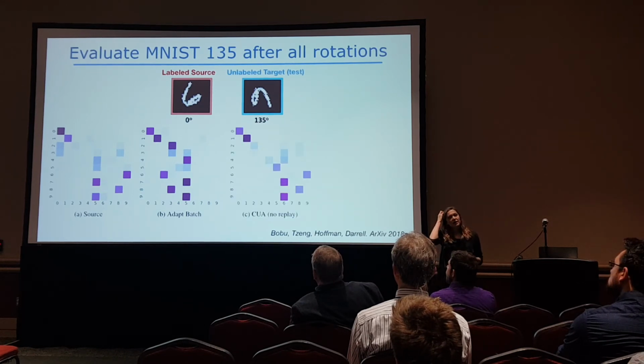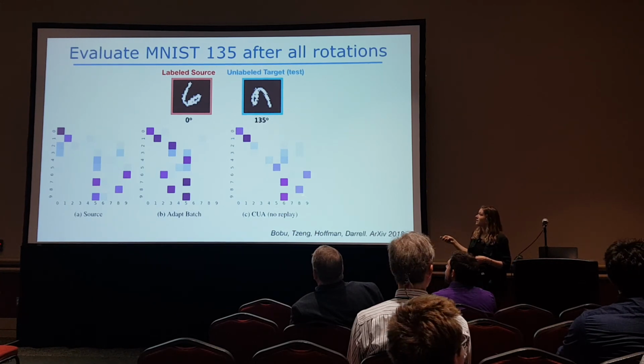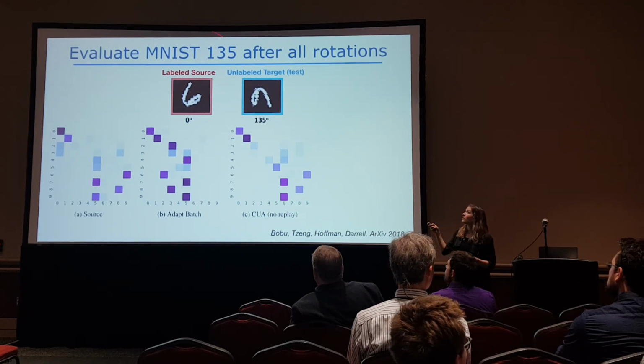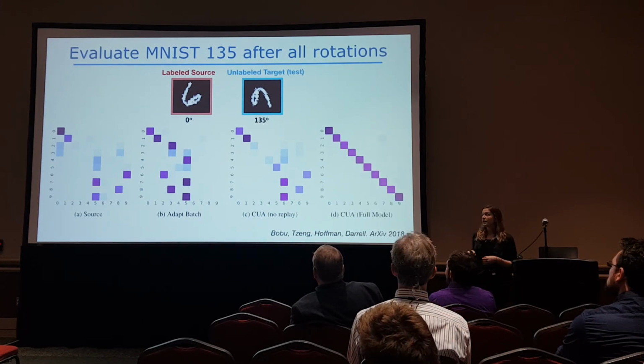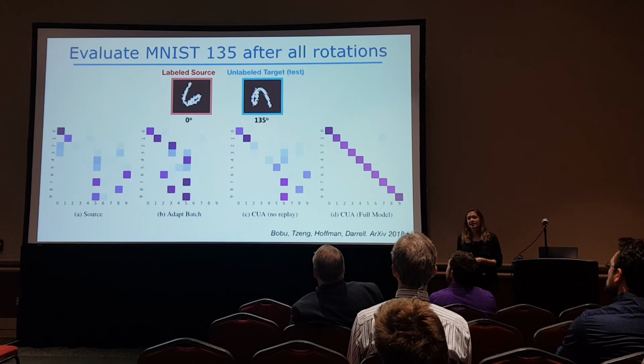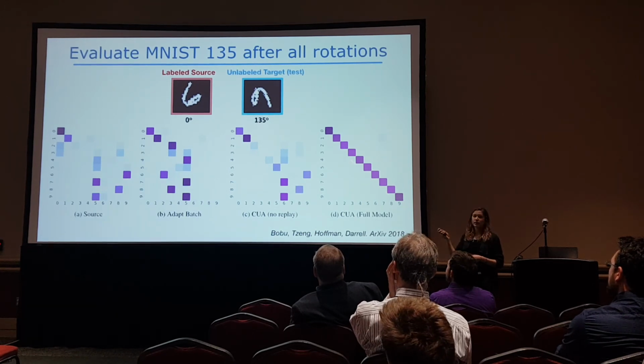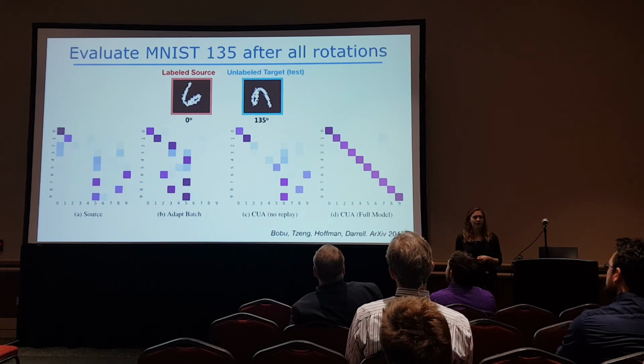If you try adapting without the replay, then what you find is that you forget how to recognize this 135. And then finally, if you adapt with the replay, you're able to retain this performance and really nicely recognize these digits at 135.